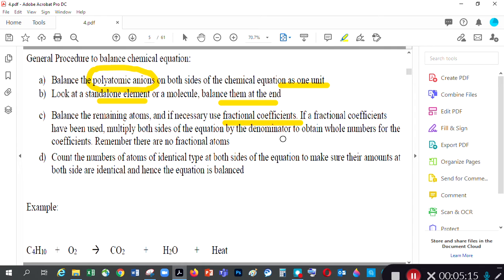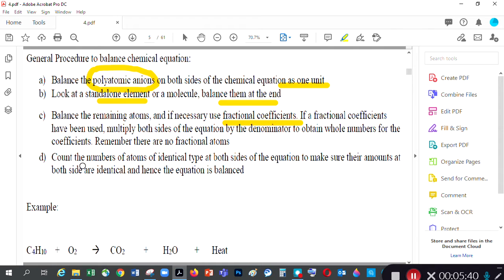Nature also tells us that whenever I have an odd number of atoms at the reactant or product side and an even number at the other side, it means I have to go through fractional coefficient balancing.